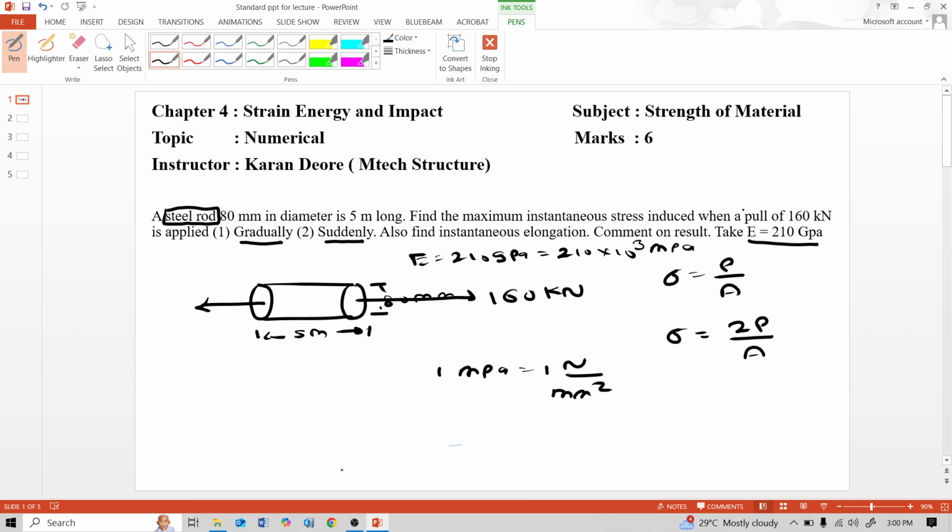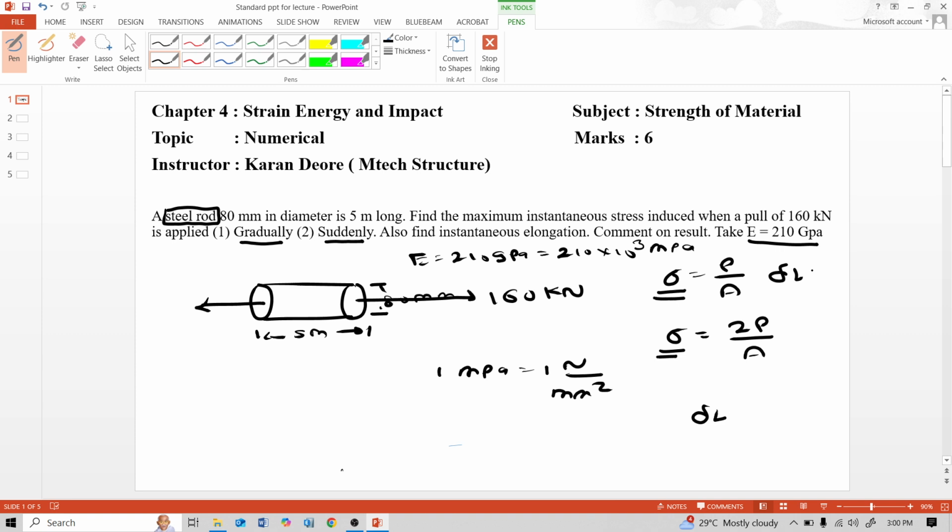In this numerical, our problem statement is for gradually and suddenly applied load. So we have P as 160 kilonewton, the area is pi by 4 into d square, and also the instantaneous elongation calculation, delta L, is added.